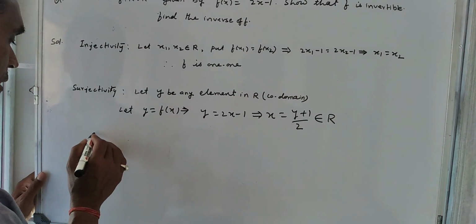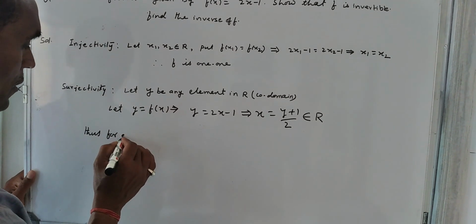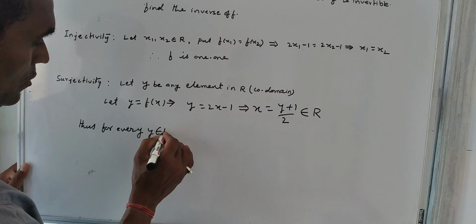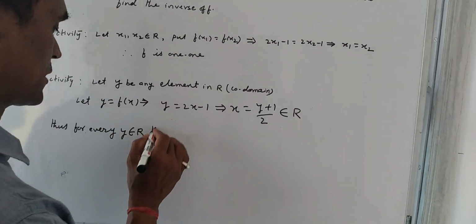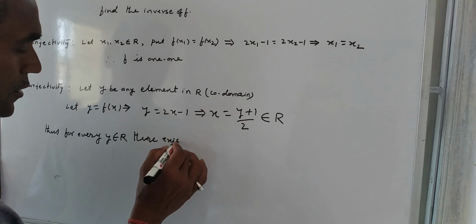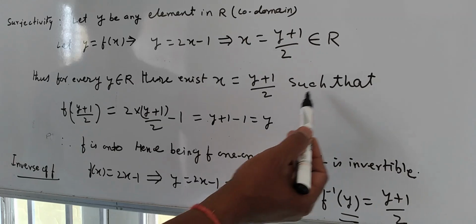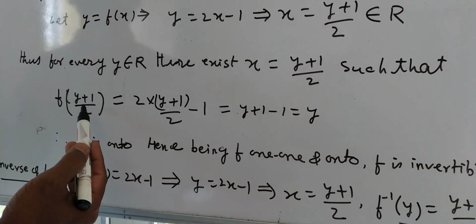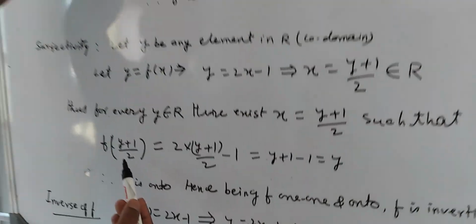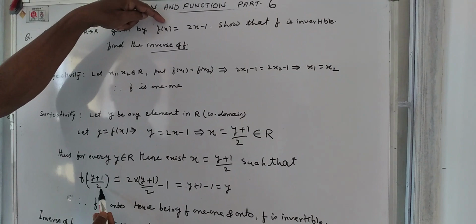So we can write thus: for every y belongs to R, there exists x equals (y plus 1) by 2, such that f((y plus 1) by 2) equals, again you use the given function and replace x by (y plus 1) by 2.